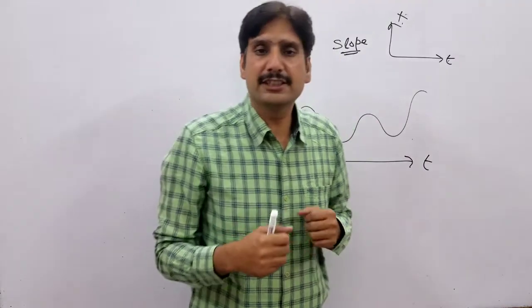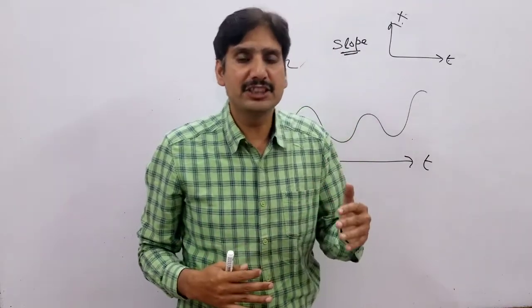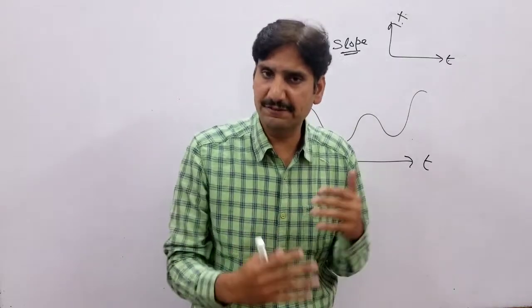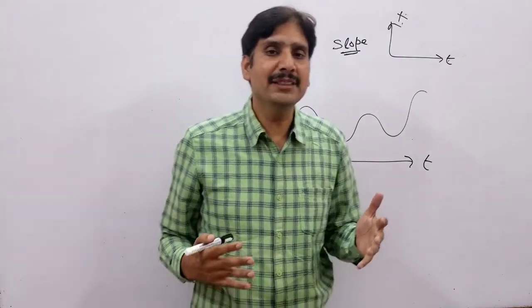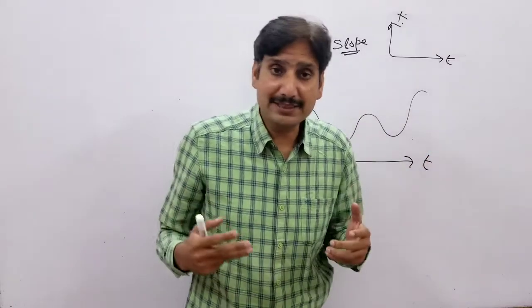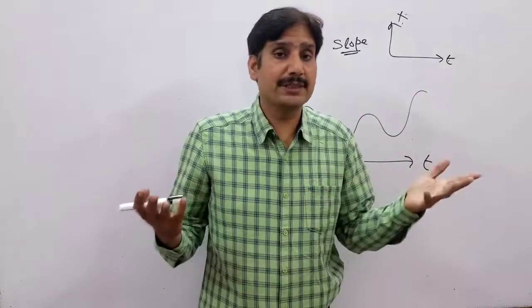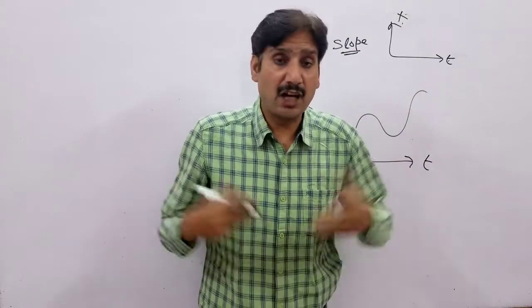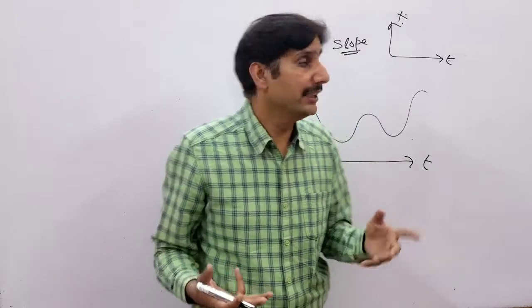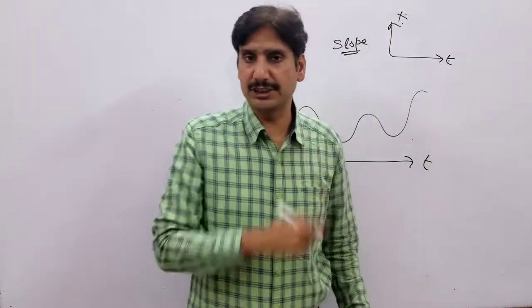If I am moving slowly, then with the passage of time, x will change slowly, and if I am moving fast, my position x is also going to change fast. That means the slope of the position time graph represents velocity. How fast I am moving is represented not by the position time graph but by the slope of the position time graph.